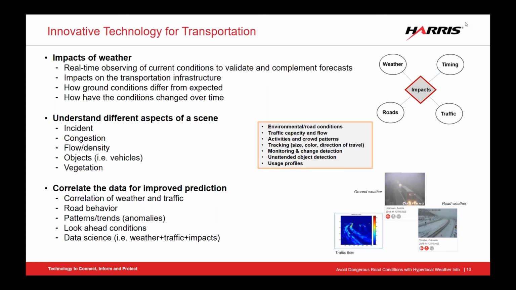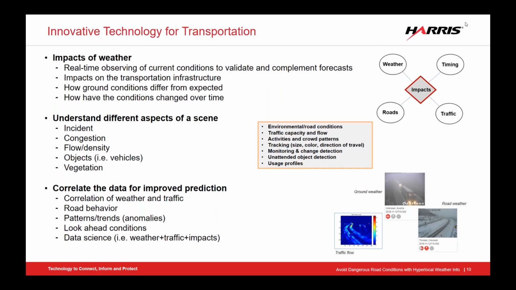So we're looking at impacts on the transportation infrastructure. How is that affecting roads? How is that affecting other critical infrastructure where we may have imaging systems that can help us see how a storm is affecting them? How are ground conditions actually differing from what's expected? That's a big point. We expect certain places to get 8 inches of snow, they get 2 inches of snow.